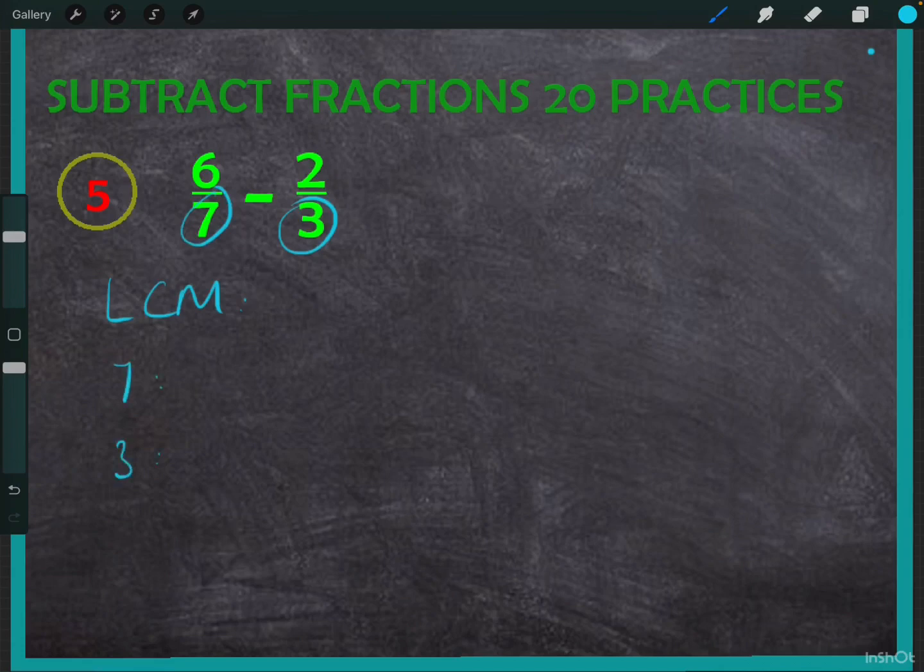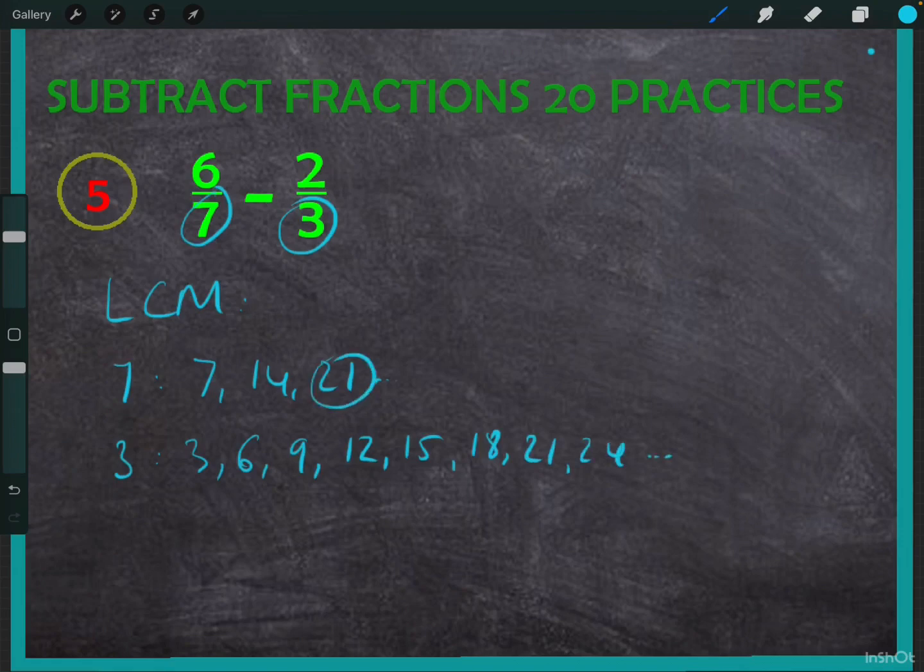For 7, we have the multiples 7, 14, 21, etc. For 3, we have the multiples 3, 6, 9, 12, 15, 18, 21, 24, etc. We see that 21 is the least common multiple of 7 and 3, so the LCM is 21. From here, we will convert the two original fractions into two new fractions with the same denominator, the LCM, which is 21.